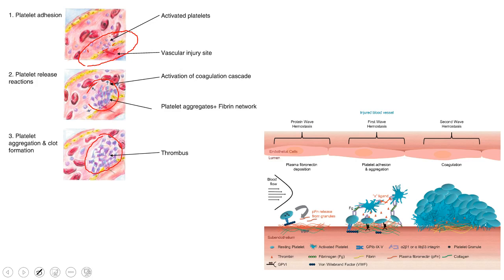Simultaneously, there is also activation of the coagulation cascade that finally results in the formation of fibrin, which forms a meshwork like this, over which the platelets will aggregate, and this forms a big mass called thrombus.